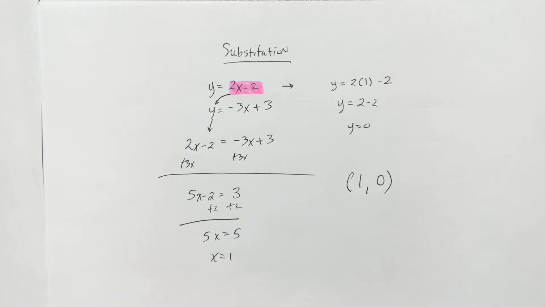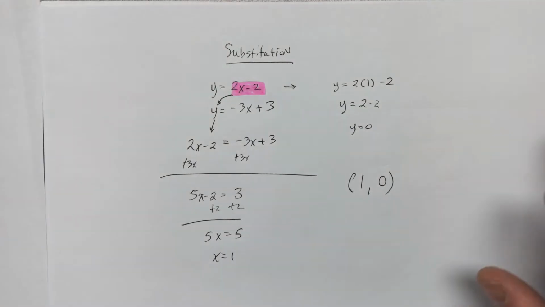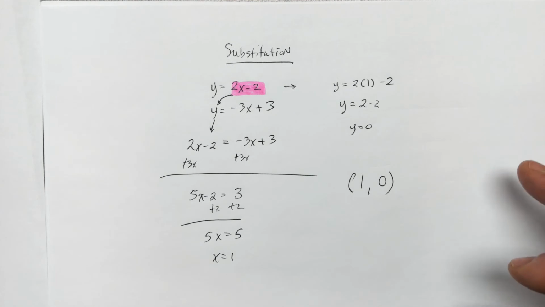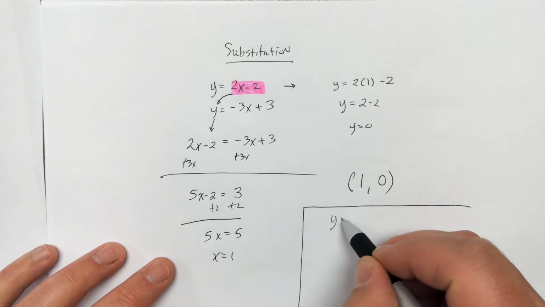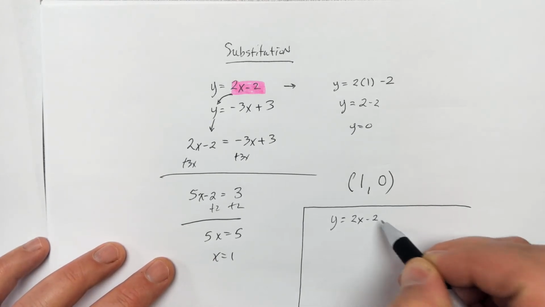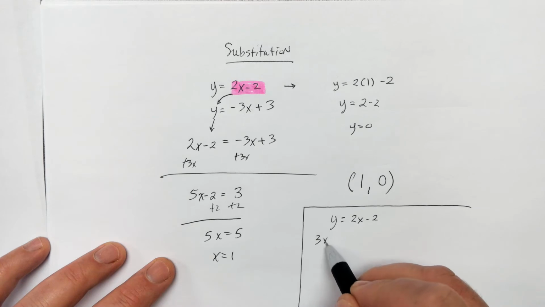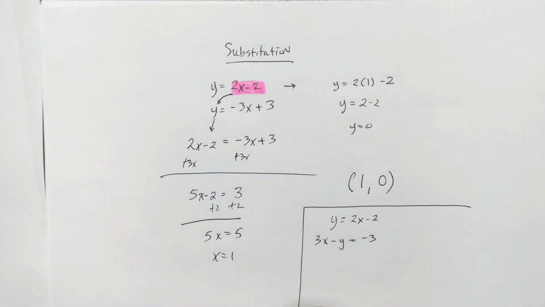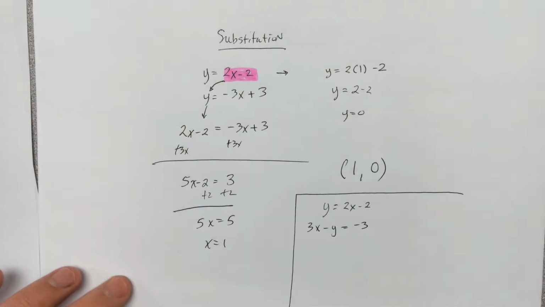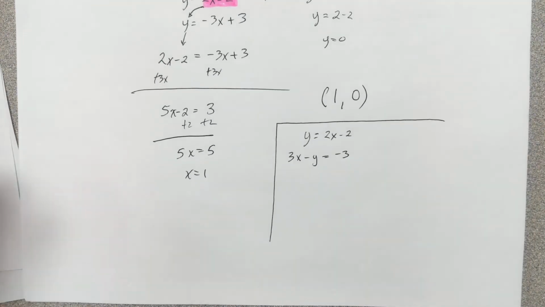Okay, so we good? I'll give you guys a chance to practice some. Let me show you another way substitution looks, though, with the same problem. Let's say we had y equals 2x minus 2, but the other one was like this. It's really the same problem, we're still going to do substitution, but it looks a little different.